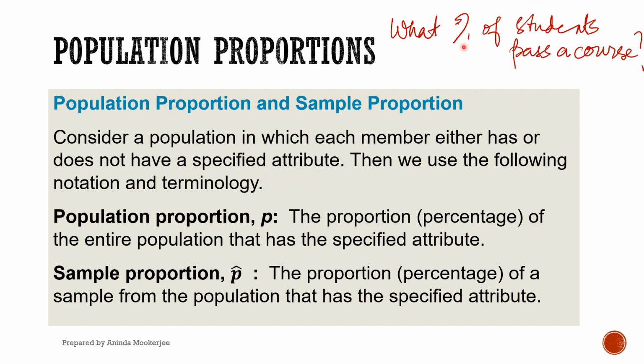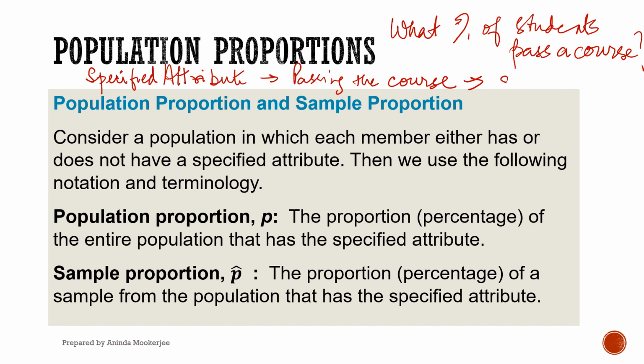So in this particular example, the specified attribute would be passing the course. And however many students have met this particular attribute, this particular characteristic, will be considered as a success.